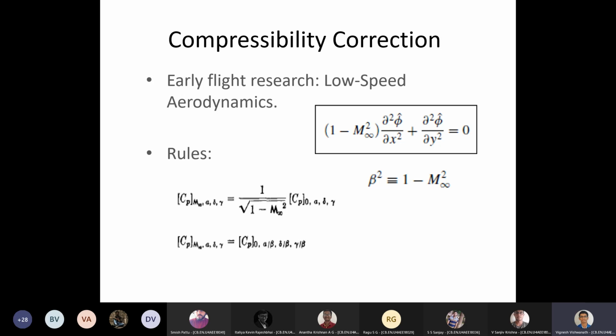So these rules, the second rule, as I said, is the fundamental, and the first rule is a modification. The second rule basically models the coefficient of pressure, and they are finding the equivalent for different factors like angle of attack and even the shape of the airfoil. Angle of attack I've explained. Now let's take the shape of the airfoil. Basically, they are considering the thickness.